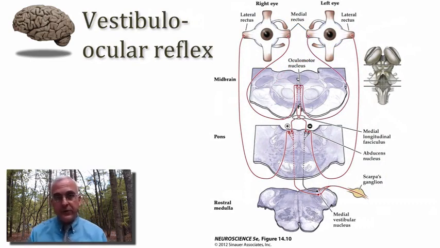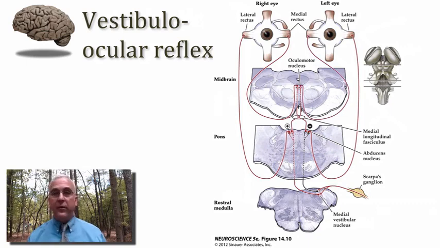I'll just again point you back to our tutorial on the vestibular system if you want to know more or refresh yourself about the vestibulo-ocular reflex. It's detailed here in this figure from chapter 14. I'll just remind you that the whole purpose here is to maintain fixation as we move our head.